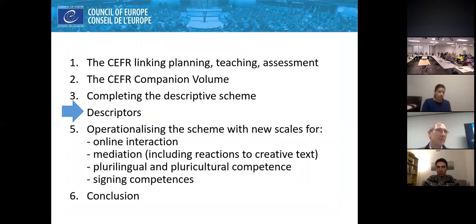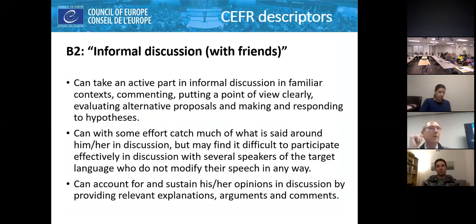So it was about descriptors, and a little detour on descriptors, but it is actually an important point to make. This is what descriptors look like. Those of you who have worked with the CFR will recognize them. They usually start with can. And they're usually fairly complicated sentences.